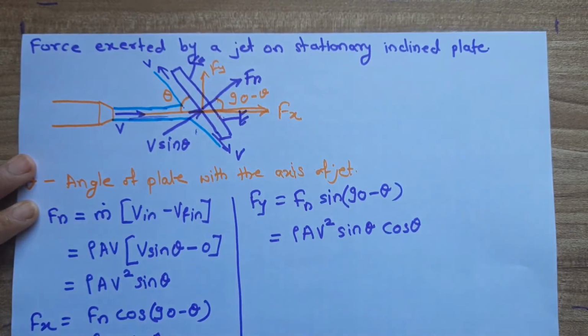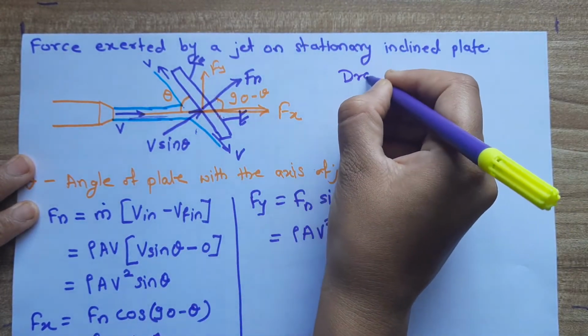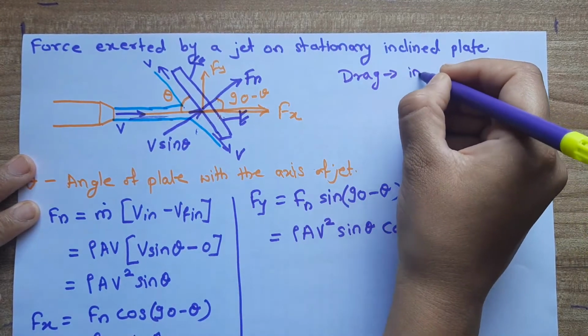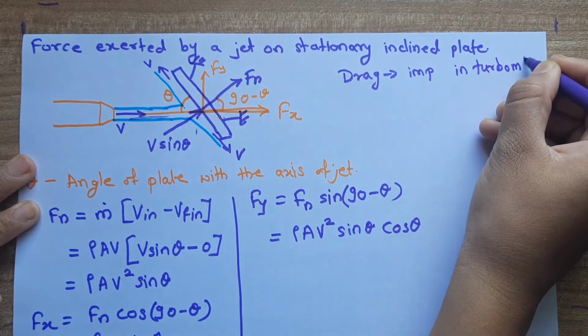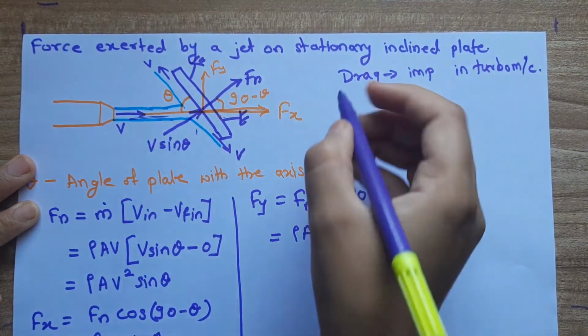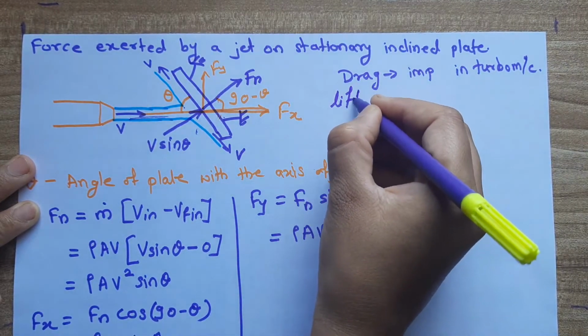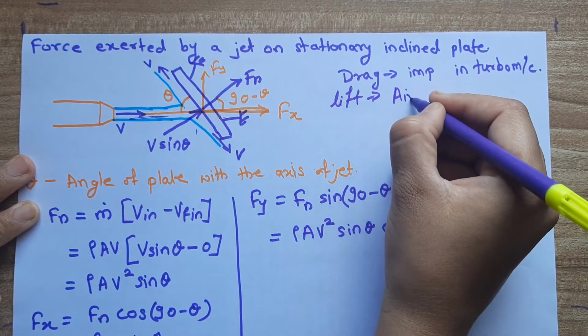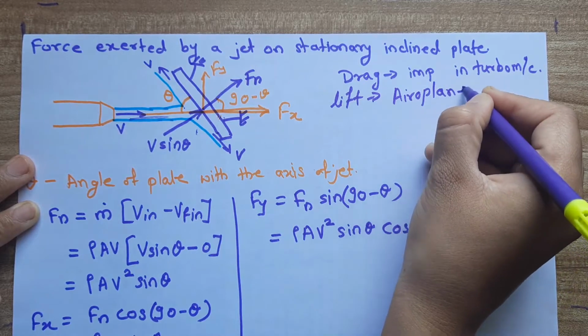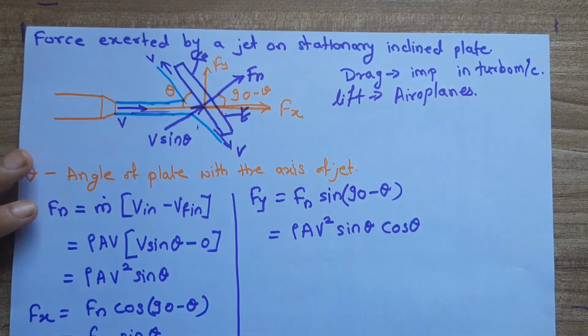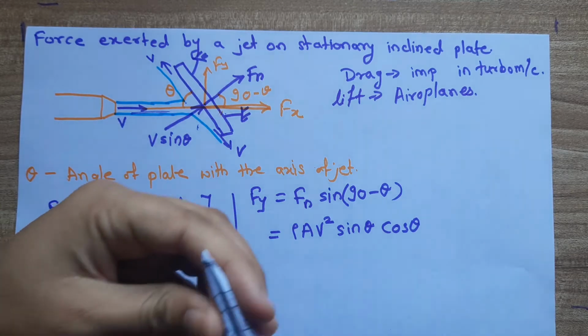In case of turbo machines, only the drag force is important, while the lift force is important in aeroplanes. In that, drag force is very less, and that is actually reduced by keeping the aeroplane tip pointed.